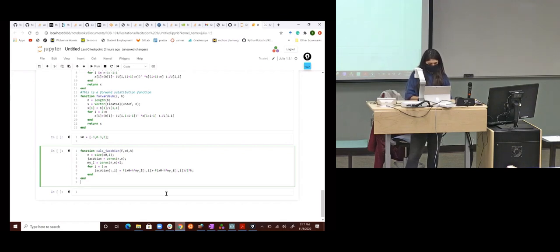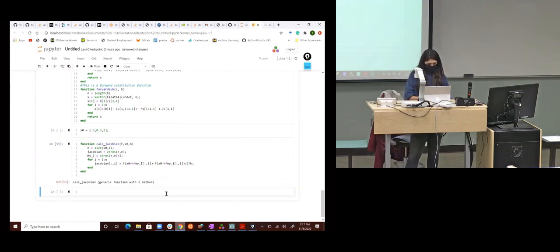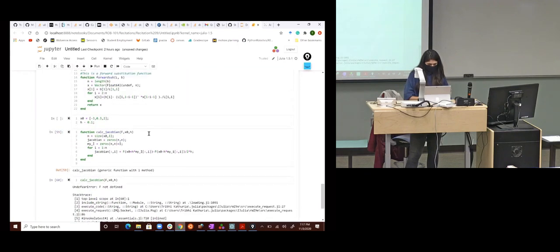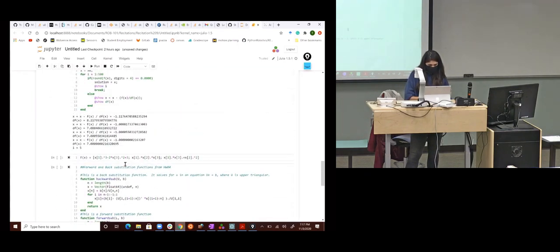Let's see, there's an error. So we got the function. So let's say at x naught with h equals 0.1, if I want to see my Jacobian of the function f, x naught, and h. F is not defined. What? F is right here.